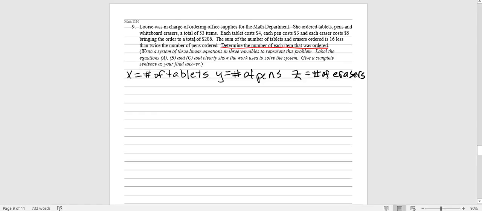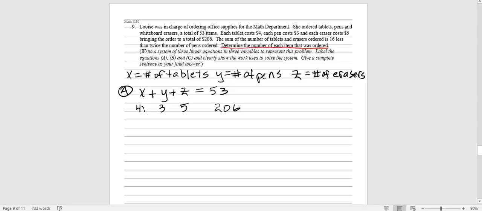So Louise ordered a total of 53 items. If I add the number of tablets to the number of pens to the number of erasers, that total is going to be 53. Each tablet costs $4, each pen $3, and each eraser $5, and the order total was $206.